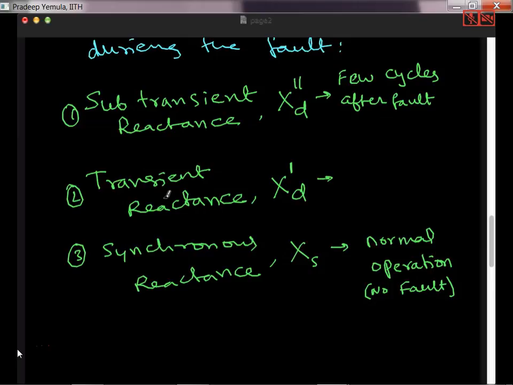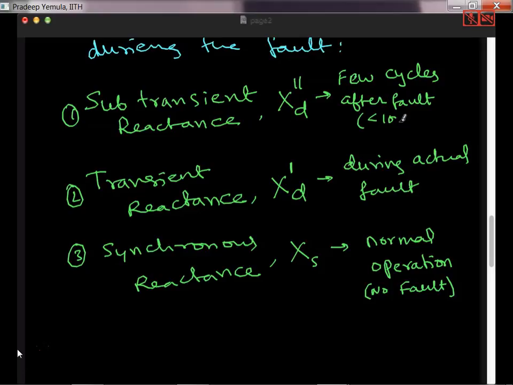So subtransient means below transient, and transient means at the time of transient. So this is during actual fault. At this time, this is like a few milliseconds after the fault has occurred, maybe up to 100 milliseconds.